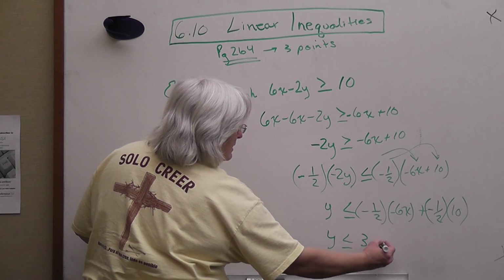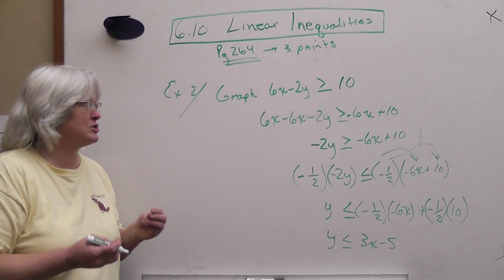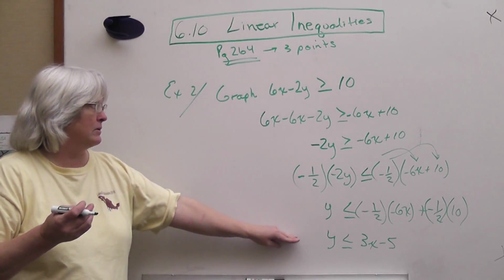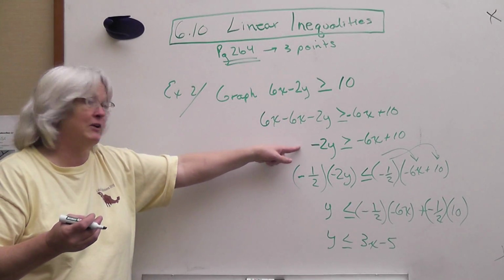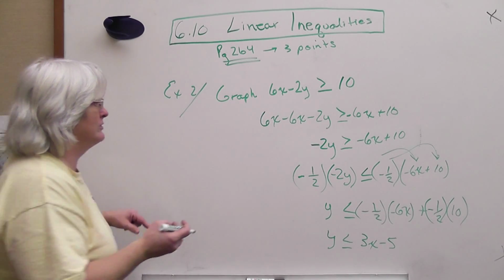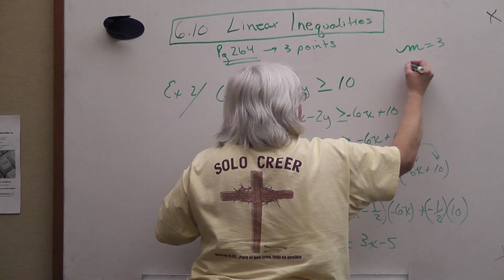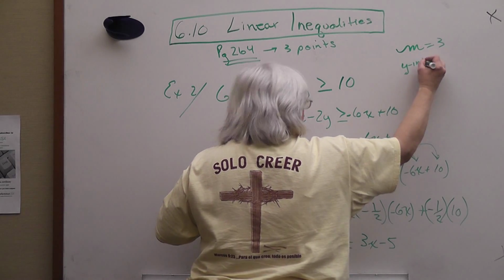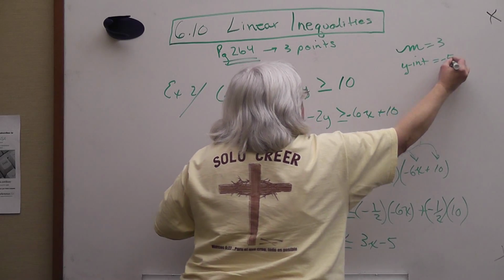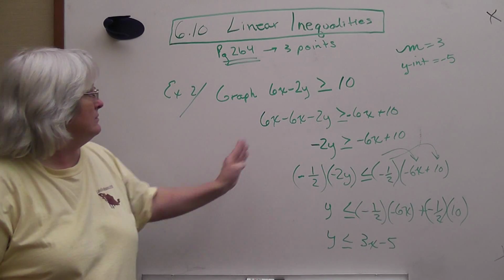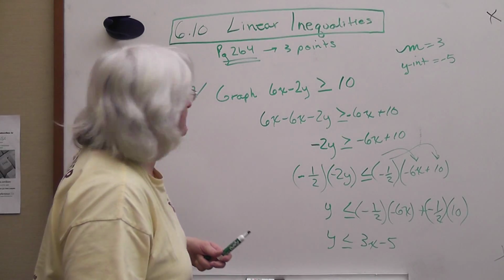You have 3x minus 5, which gives us the same information as when we divided both sides by negative 2. So our slope is a positive 3, and our y-intercept is negative 5.